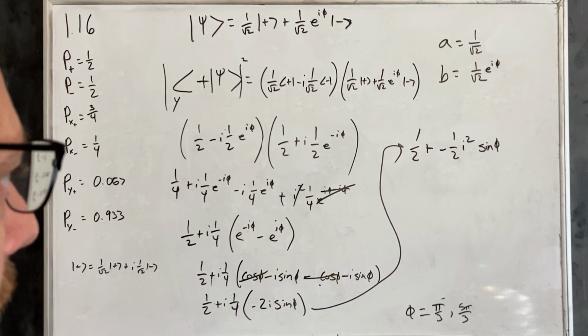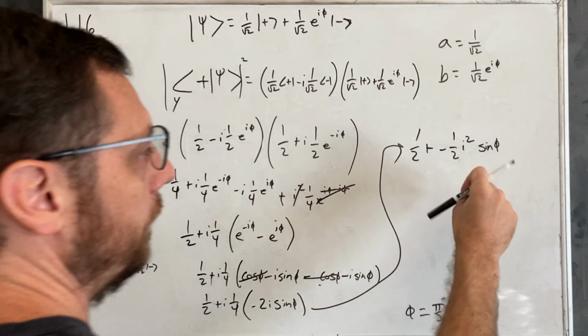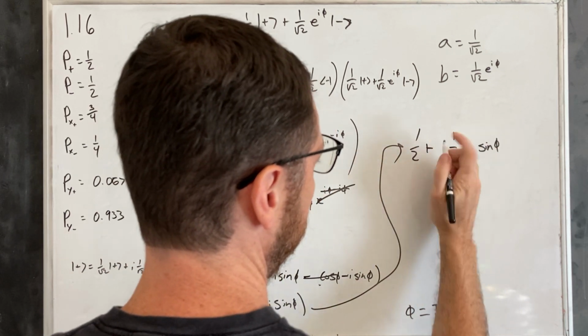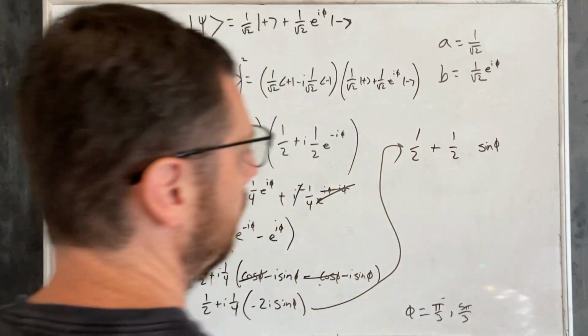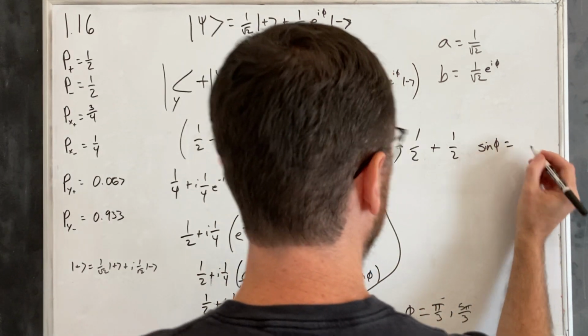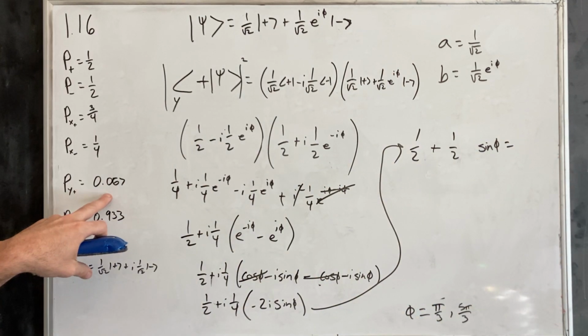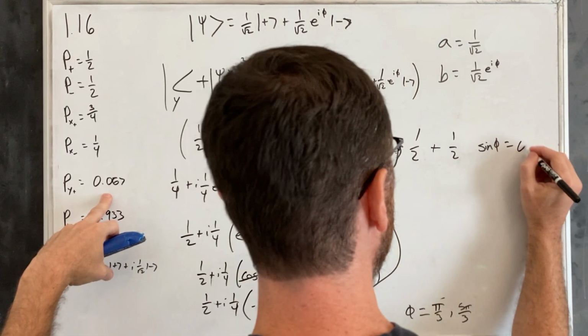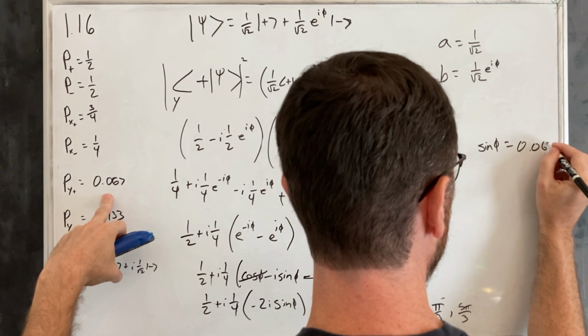Triple checking my work, make sure I didn't mess anything up. So this I squared will become a negative 1, so that would make that a positive. So change it to be that. And now we get our result, which should be positive 0.067.